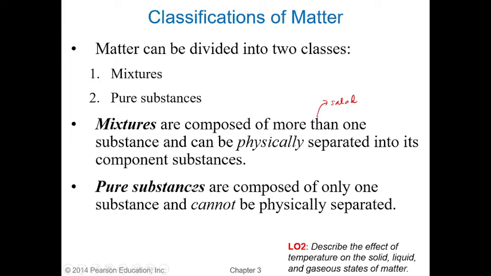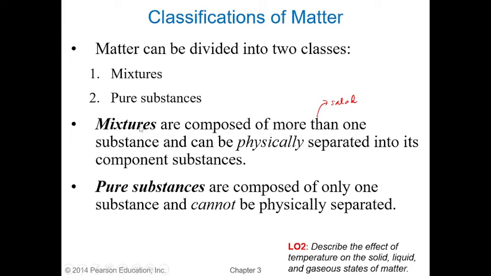But if you have a pure substance, these are composed of only one substance and cannot be physically separated. For example, if you have a copper wire, you can no longer separate those particles in your copper wire because it's made up of only one substance. In fact, it is made up of copper, the element copper.